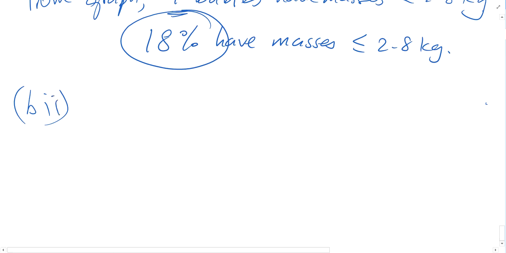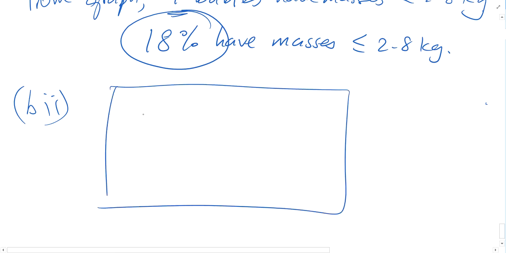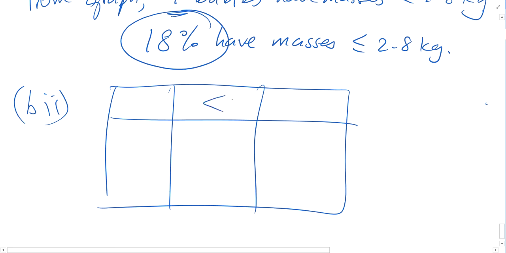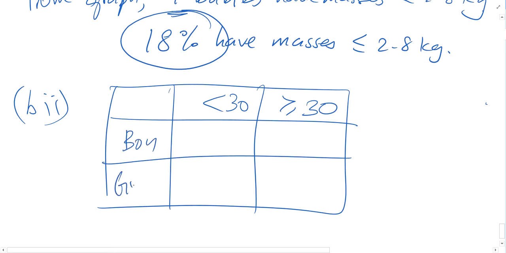find the probability that they both have a baby girl. So from our chart, this is under 30, greater than or equal to 30, boy, girl. 3, 7, 9, and 6.